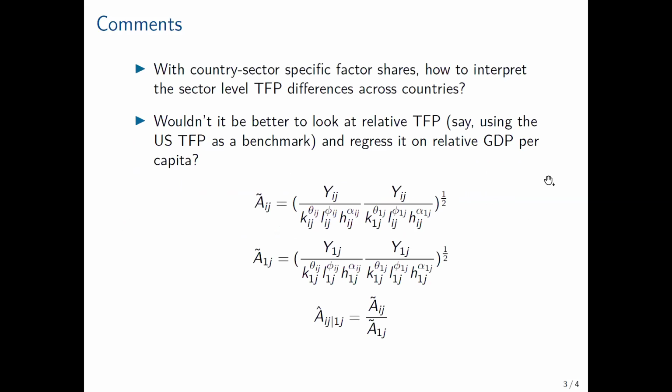Well, our approach is a bit similar to this in the sense that each country has its own shares, and if you assume that there's a translog production function that can rationalize these different factor shares, then you can compare them sort of in the middle. You can take the average shares between one country and the other, and in that way compare these two countries with each other.